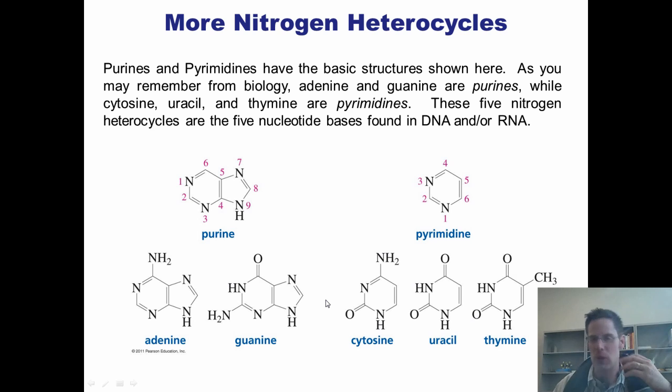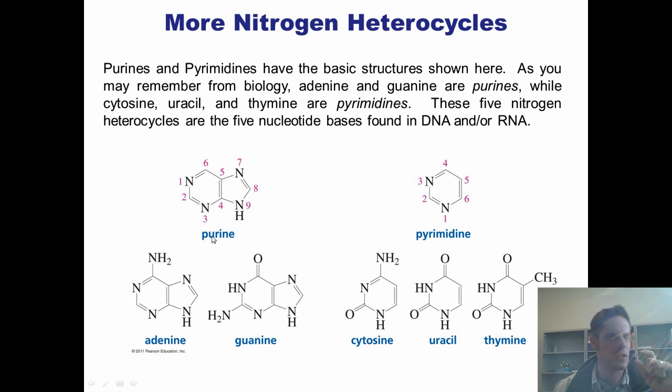I have a special personal way of distinguishing purines from pyrimidines. Structurally, I like to remember that purines are structurally larger. You'll notice that they have more atoms than pyrimidines in their core. The way I remember that is remembering that the word purine is smaller than the word pyrimidine.